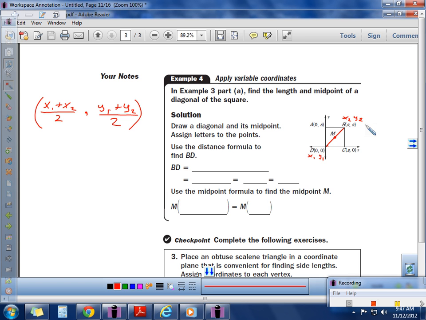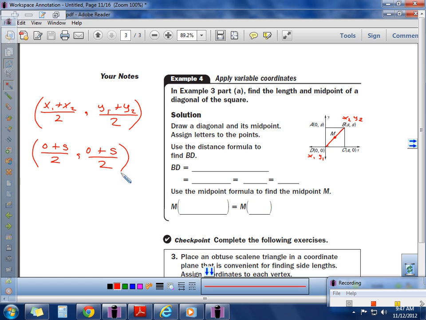Now I can plug them into my formula over here. So what goes in for x1? 0 plus my x2. What's my x2? S. And I'm going to divide by 2. What's my y1? 0. And my y2 is S.